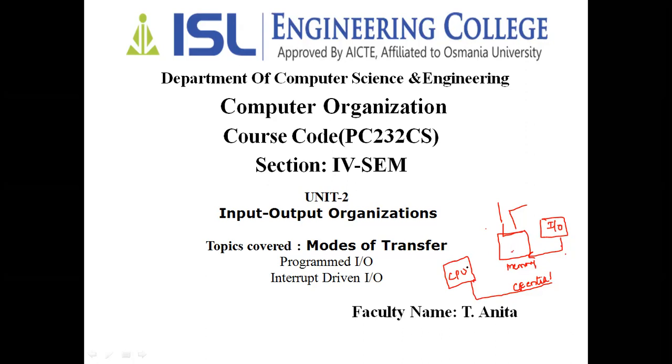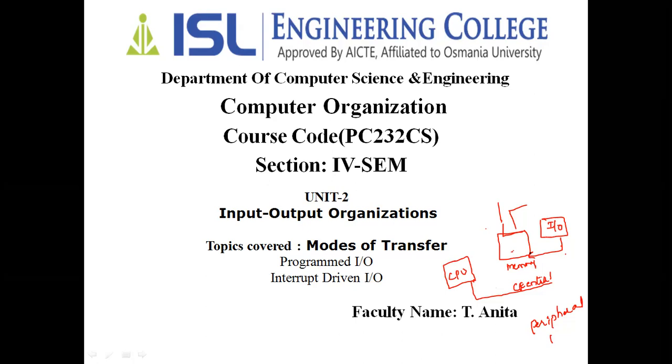So that is the modes of transfer. We call these IO devices peripheral devices also. So we have to transfer the data from IO to memory or memory to IO with the help of the CPU.